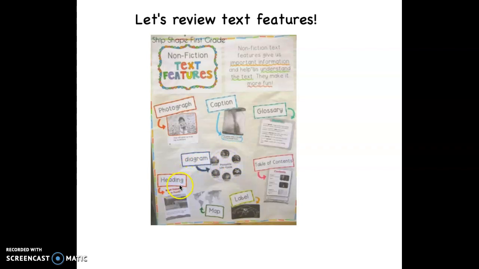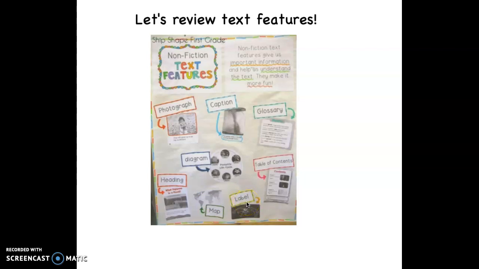You can also have a heading, and the heading says what you're going to learn at the top on that page, what you're going to read. You might have a map, and it tells you where your animal or anything that's listed in your book, what you're learning about, lives. There's always usually in your book labels.